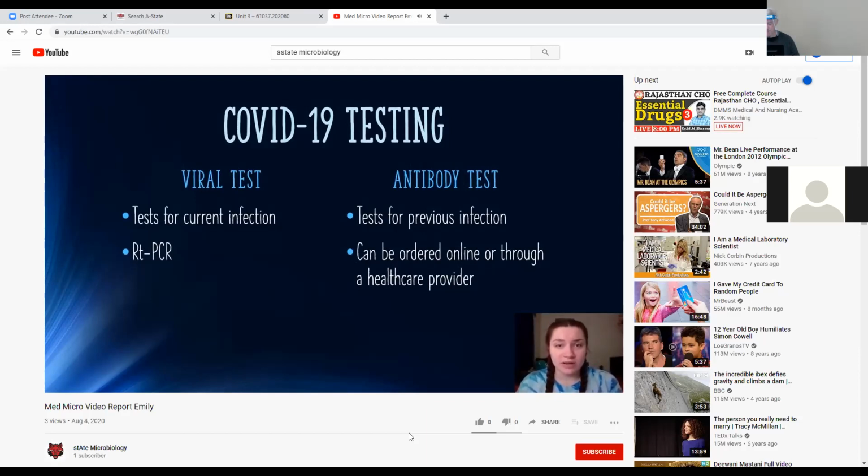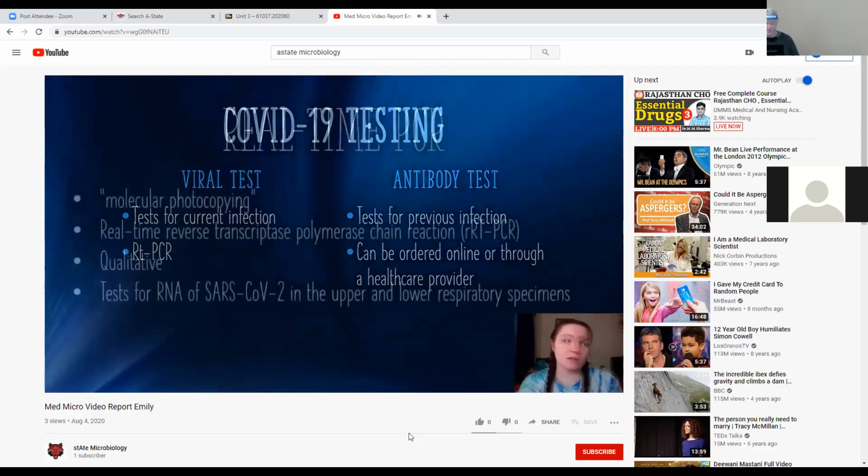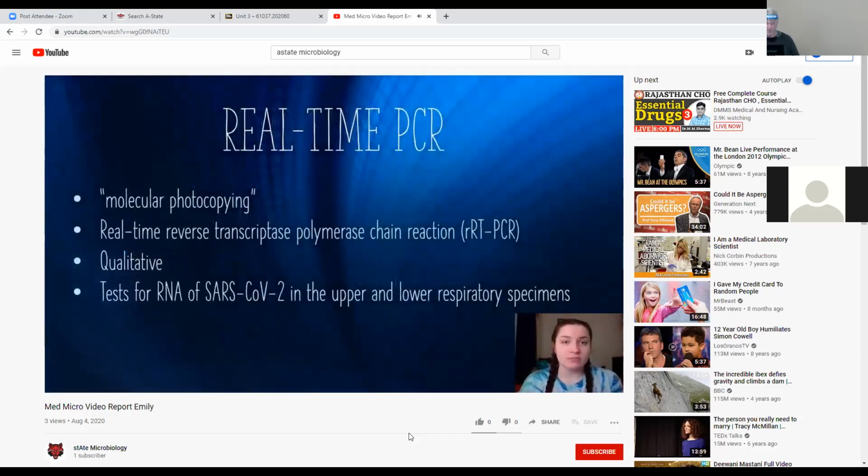The RT-PCR test is the more commonly used test right now because it diagnoses acute infection when the disease is still contagious. The real-time reverse transcriptase polymerase chain reaction, or RT-PCR, is used to test for the SARS-CoV-2 virus RNA in upper or lower respiratory tract specimens, including nasal, nasopharyngeal, oropharyngeal swabs, sputum, lower respiratory tract aspirates, bronchoalveolar lavage, and nasal aspirates.